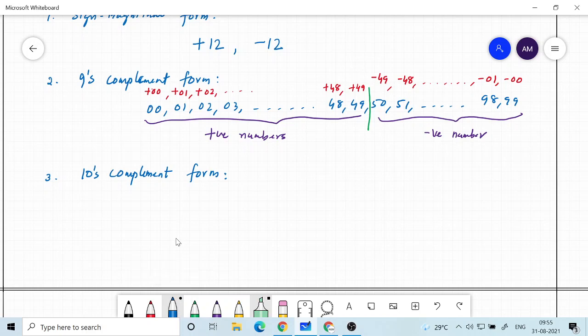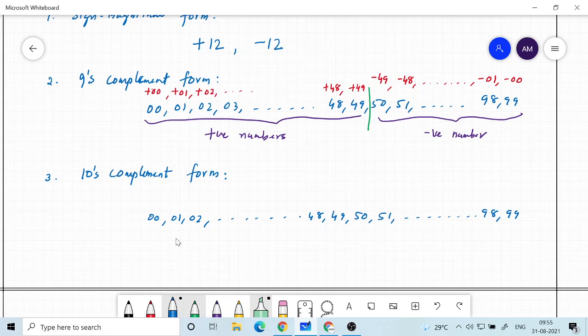Okay, so let me write down. These are our numbers, and then you have 48, 49, 50, 51, and it continues on to 98, 99. So these are the same 2-digit numbers that are possible.